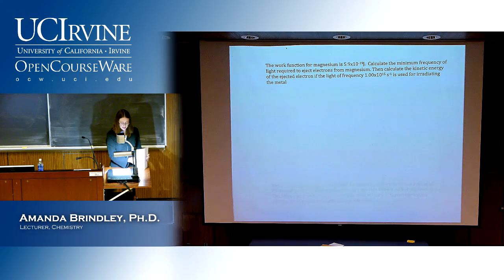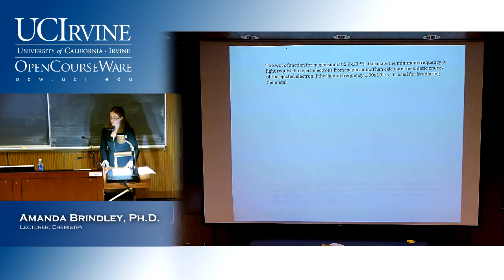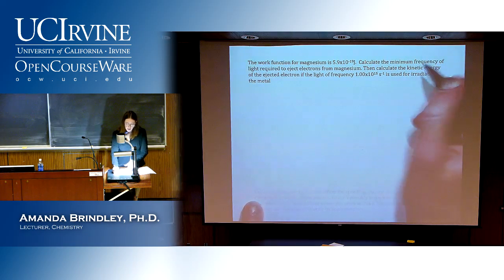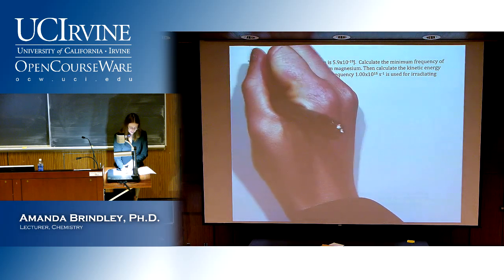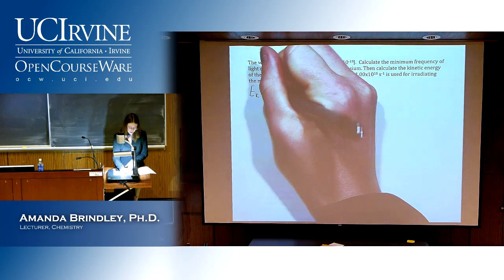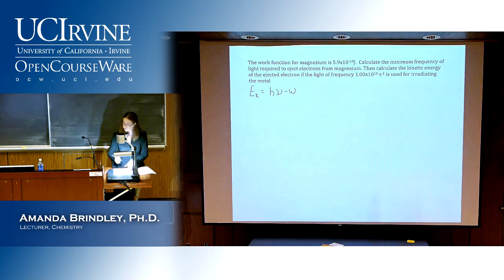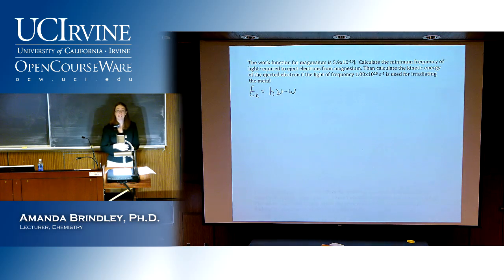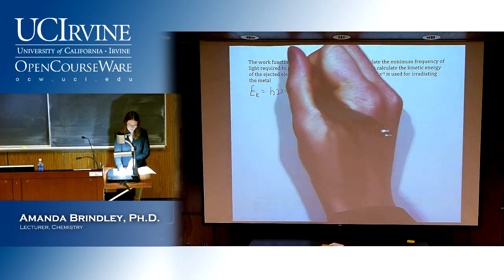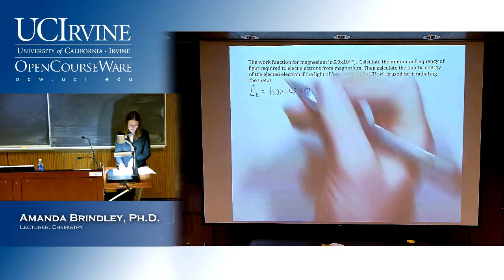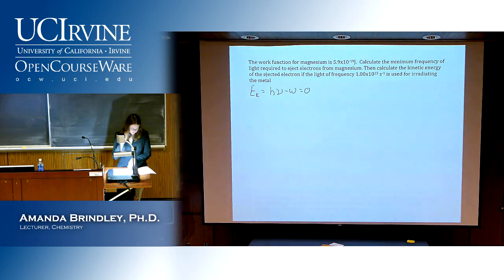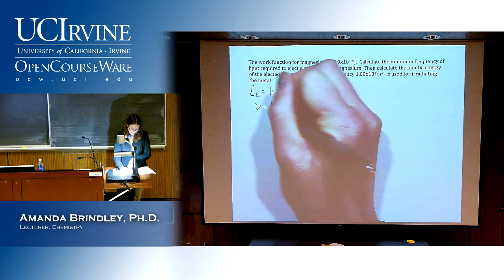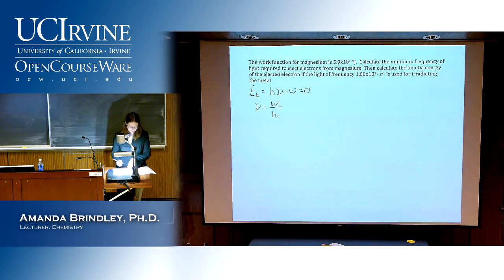Okay, so we're going to start the exact same way that we started in the last problem. So we start from our kinetic energy equation. And we remember that, well, at the threshold frequency, our kinetic energy is equal to 0. So we can set that equal to 0, which now means that our nu, our frequency, is going to be equal to W over Planck's constant.